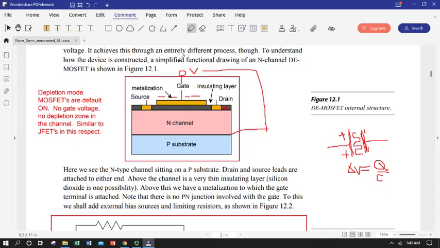So if I bias the gate with a voltage that basically puts a bunch of negative charge up here at the gate, because I maybe hooked it up to the negative terminal of a battery, I'm going to effectively get a positive charge down here.